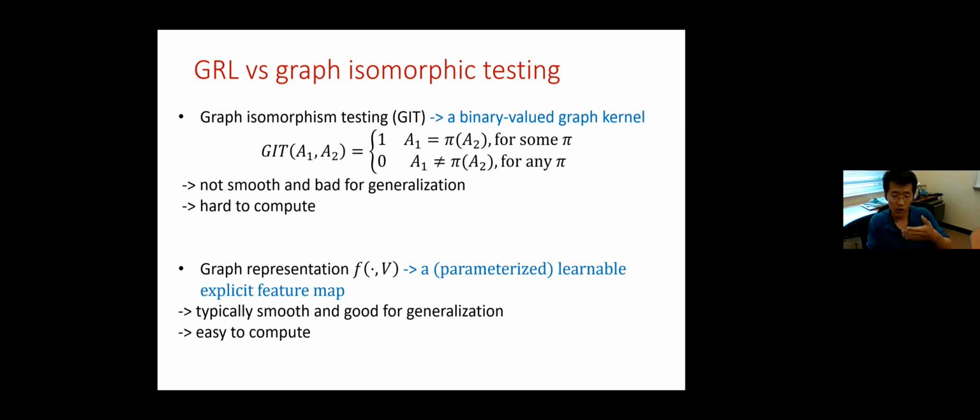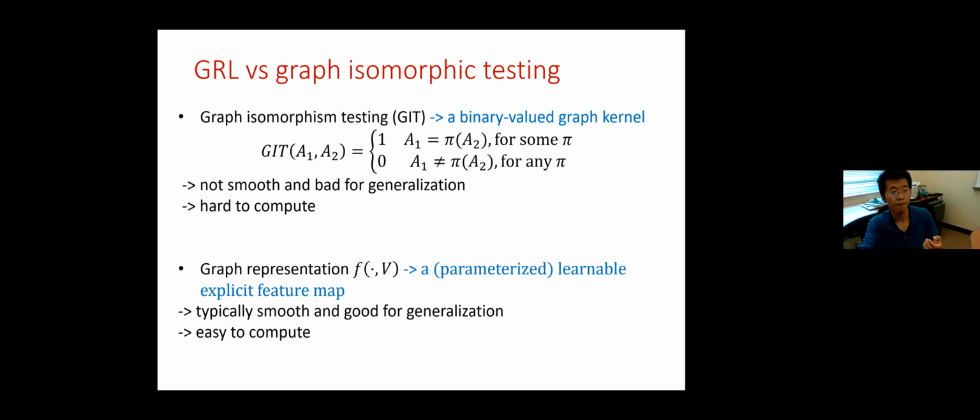Usually, if you use a neural network to implement this mapping, then it's smooth, or at least continuous, and thus good for generalization. And because it's an explicit feature map, it's usually easy to compute.